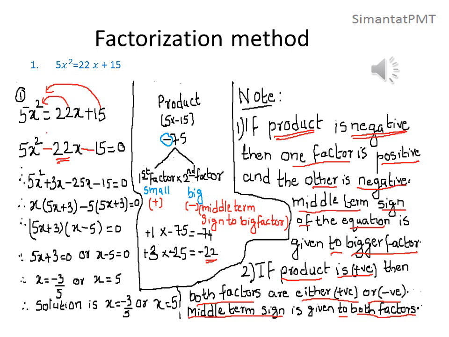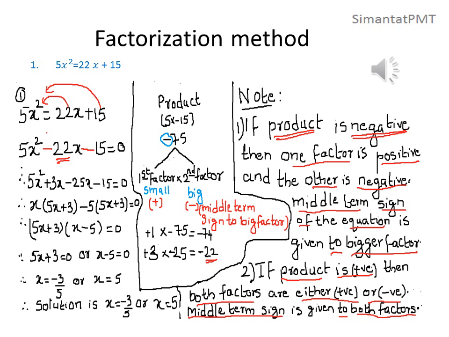2 is not possible. 3 into 25 equal to 75. Middle term sign goes to the bigger factor. So we have plus 3 into minus 25 equal to minus 75. And when you apply the addition rules, we get 3 minus 25 equal to minus 22.